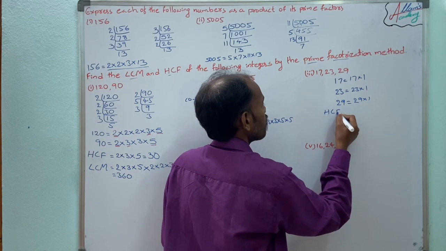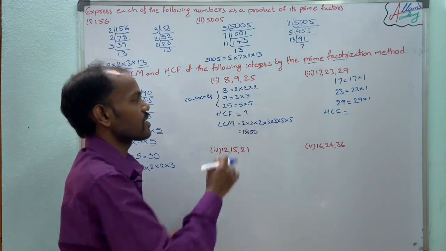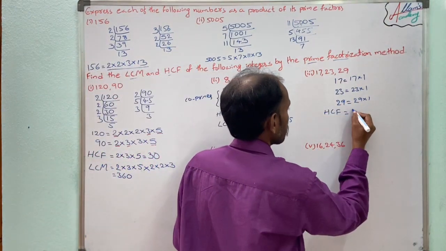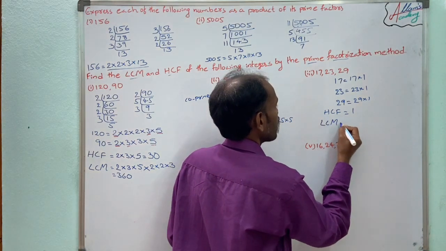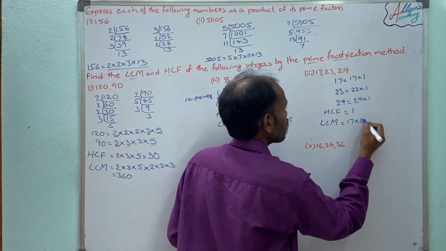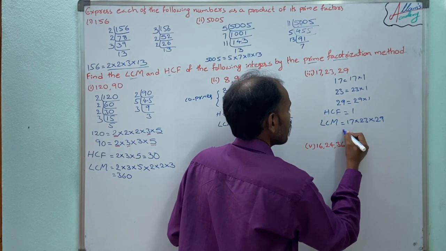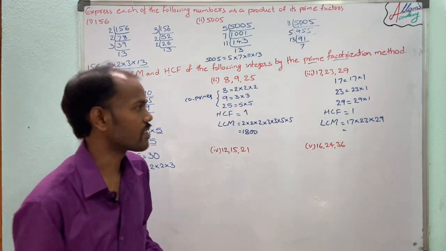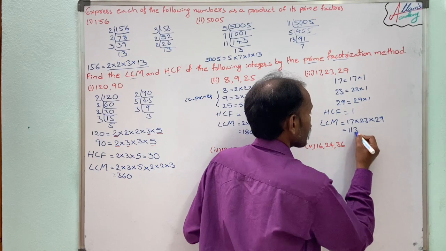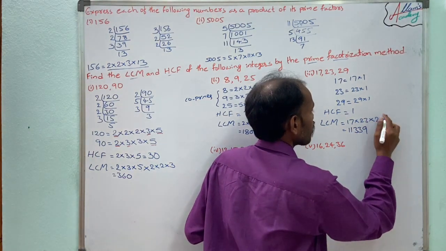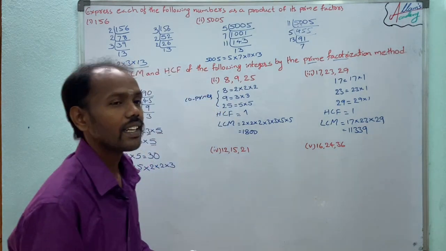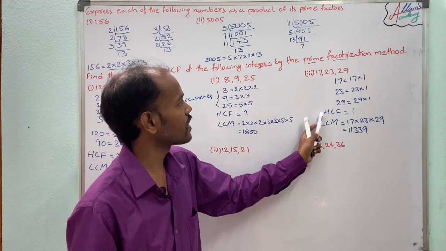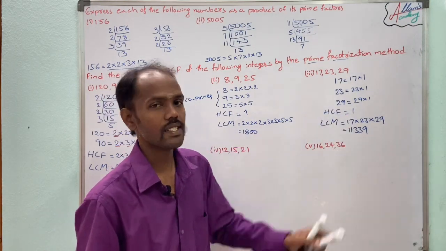HCF of the given numbers, since co-primes have HCF 1, is nothing but 1. LCM of the given numbers is 17 into 23 into 29. The product of 17 into 23 into 29 is 11,339. It is the LCM of 17, 23 and 29. HCF of 17, 23 and 29 is 1.